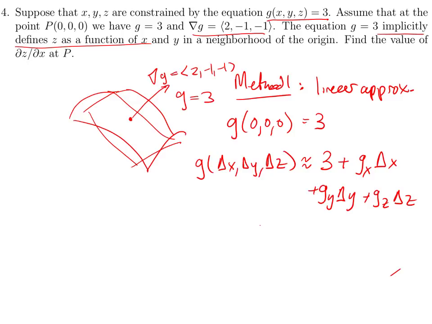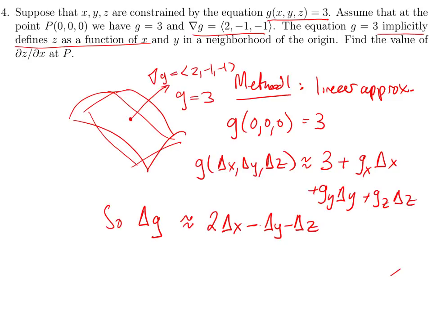So in particular, the change in the value of g, moving the 3 over to the other side, is about g_x delta x plus g_y delta y plus g_z delta z, and I know what g_x, g_y, and g_z are because I know the gradient. So this is about 2 delta x minus delta y minus delta z.